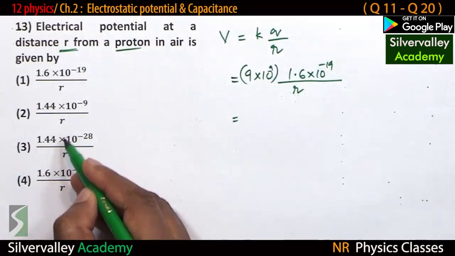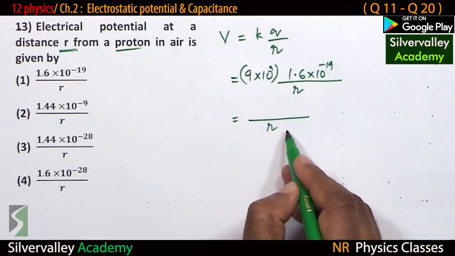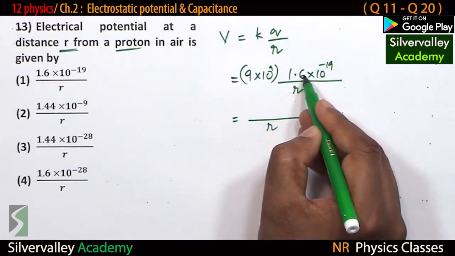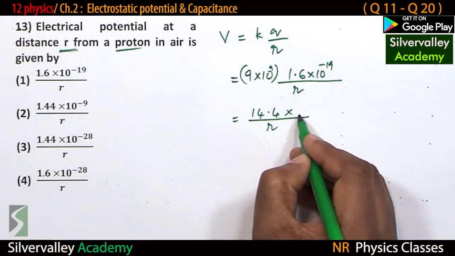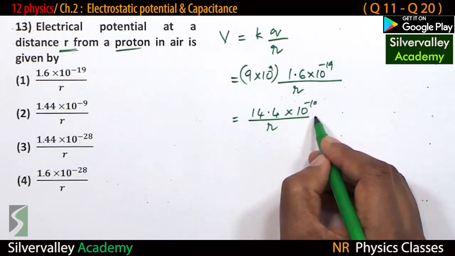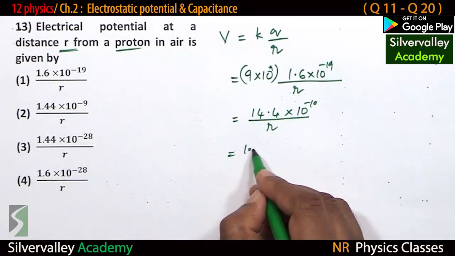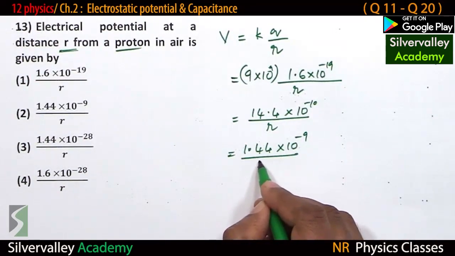See, distance R is in all the options, so retain R. 1.6 into 9 is 14.4, and 14.4 with the power minus 19 plus 9 is minus 10. So it is 1.44×10⁻⁹ by R.